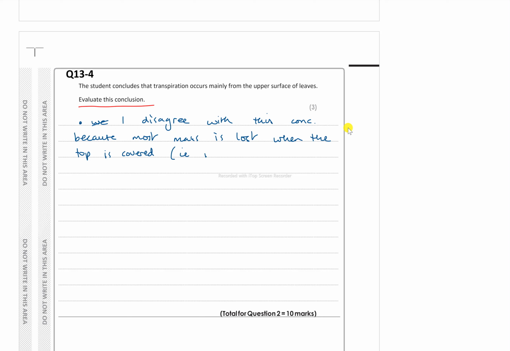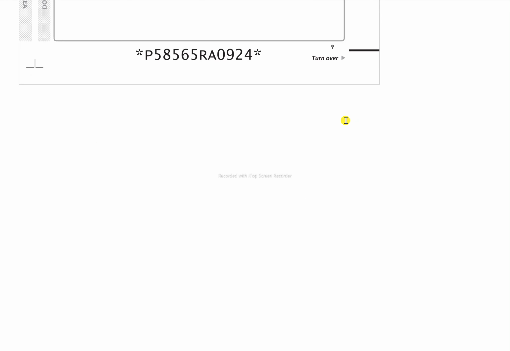That is, it is lost from the bottom surface. So stomata are at the bottom surface. There you go. It's only a 3 marker.